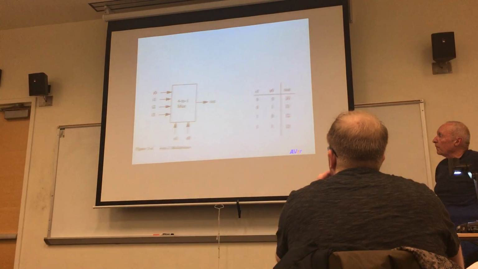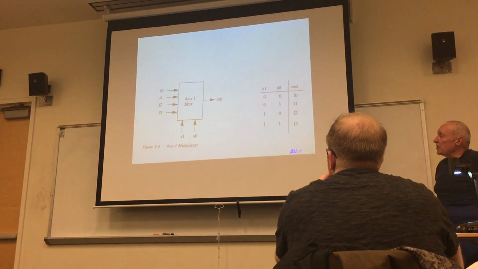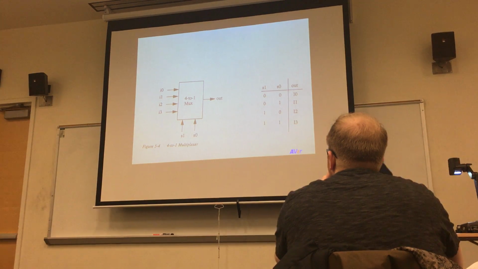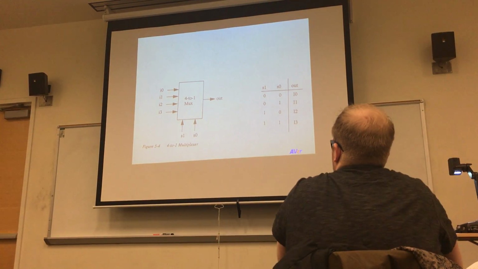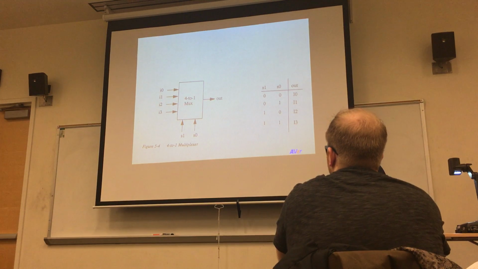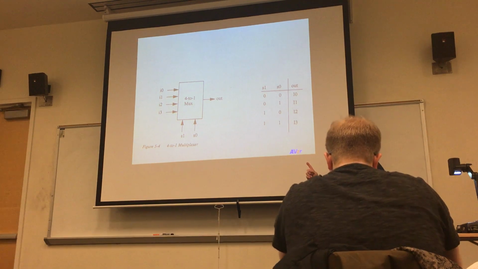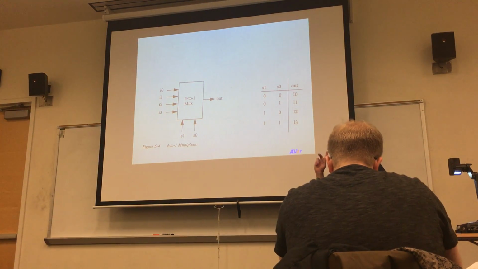I want to show you a little more sophisticated design. And this is actually an excellent design that your author has chosen, a 4-to-1 multiplexer. The reason why this is a particularly good example is you're going to encounter this design 2 more times.